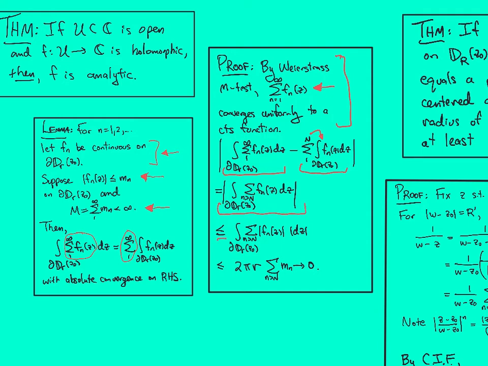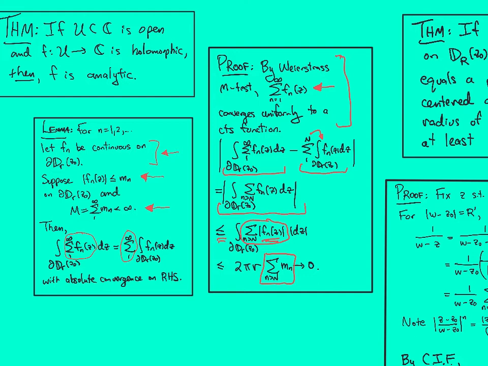I can go through with absolute values and get the integral of the tail of the absolute values. And since I've assumed that I can bound each one of these by Mn, then I can bound the whole thing by the tail of a sum of positive numbers, and this tends to 0 as n goes to infinity.